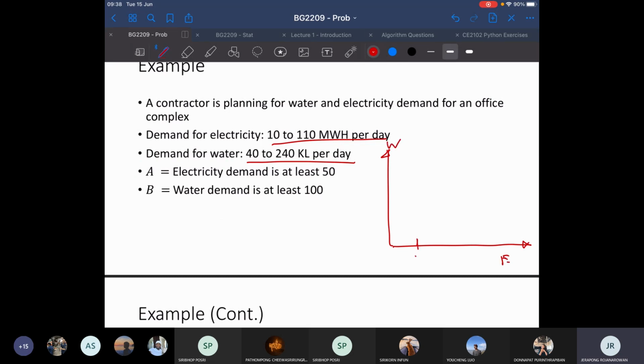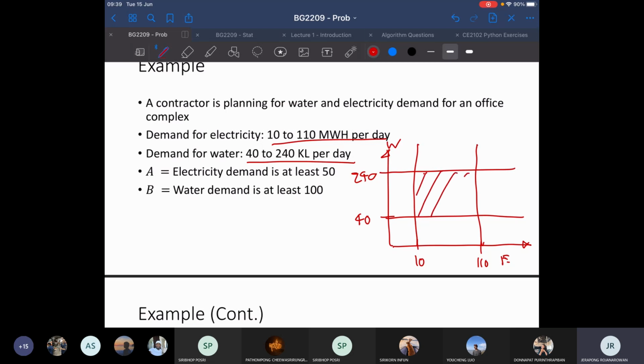Electricity is 10 to 110. Water is 40 to 240. So it's gonna look like this. Okay. So this is gonna be your sample space, if you remember. But we want A, electricity, which is E here, right? E here is at least 50.